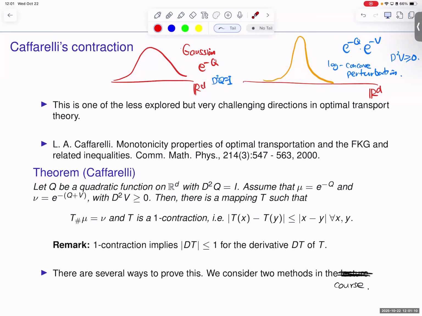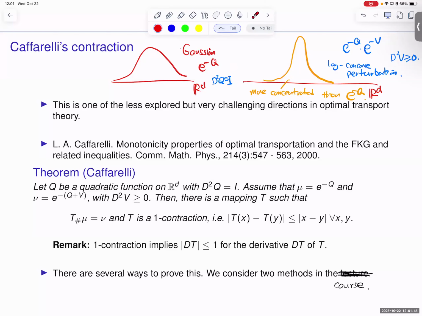And then you may consider some transport mapping from here to there. Because this is more concentrated, this one is more dispersed, and you map it to a more concentrated distribution.